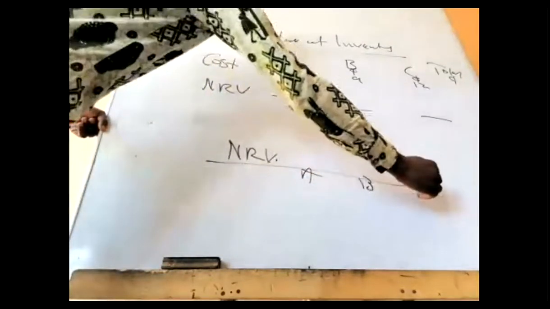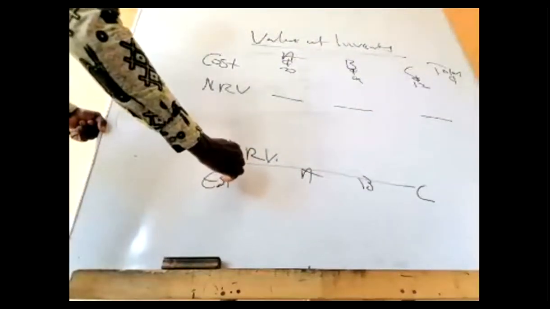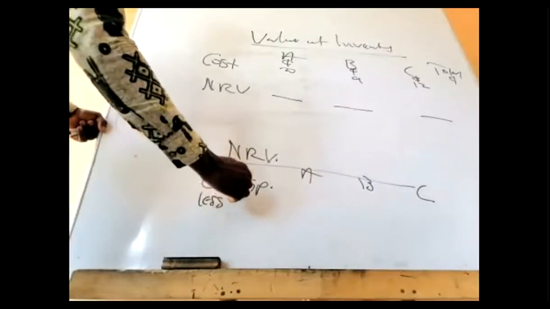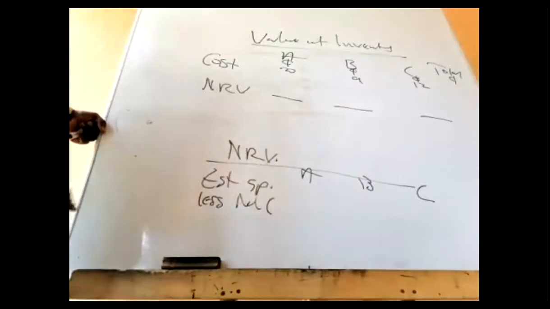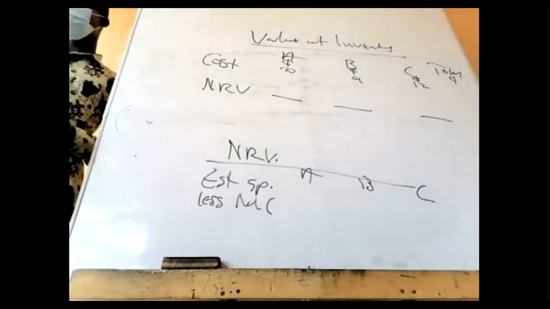For A, B, and C, NRV is equal to estimated selling price, and then less the modification cost. In this question, they call it modification cost, so kindly write modification cost. What you see is what you write. Good.